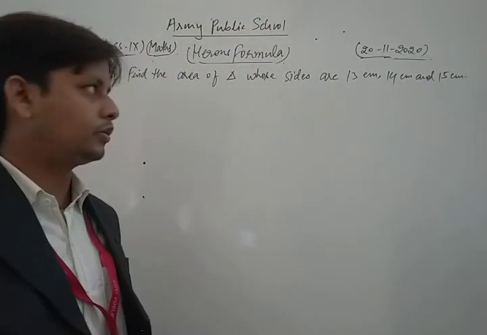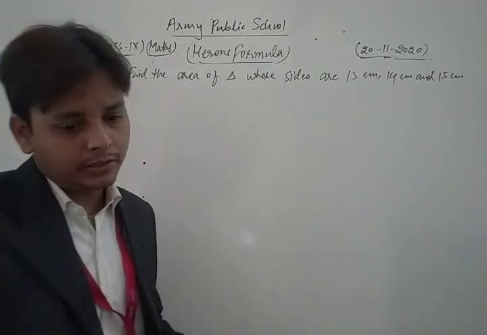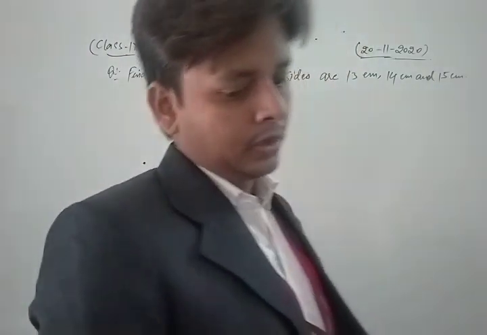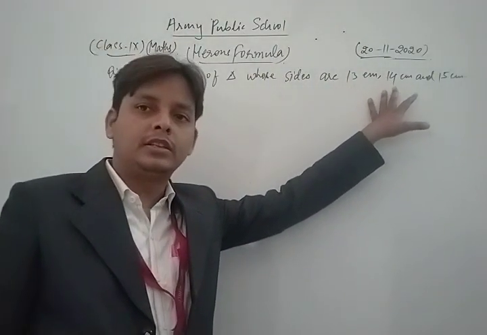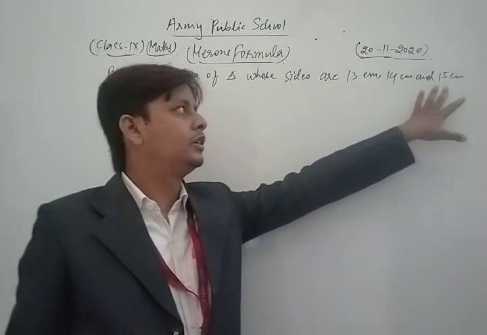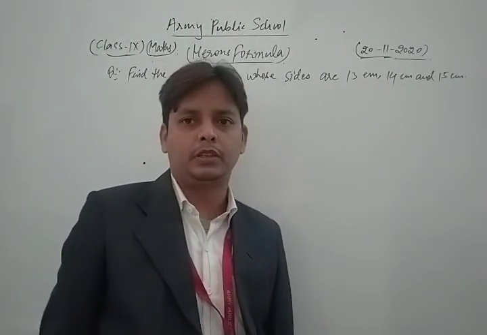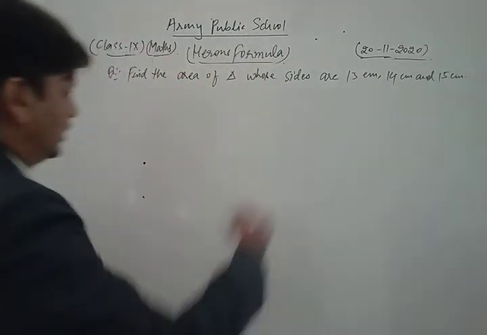Okay, this is our question here, dear students. Find the area of the triangle ABC whose sides are 13 centimeter, 14 centimeter and 15 centimeter respectively. Now we take and solve the question.